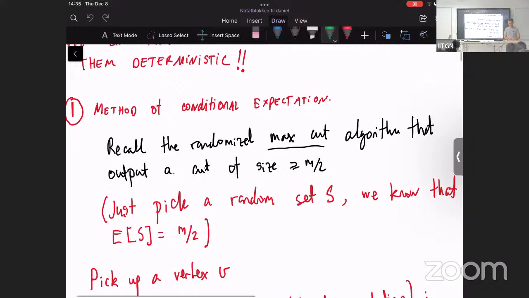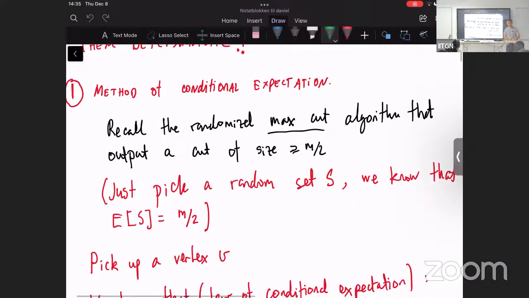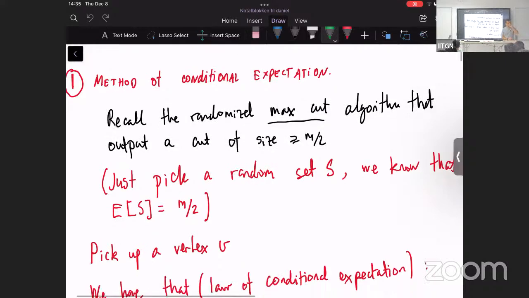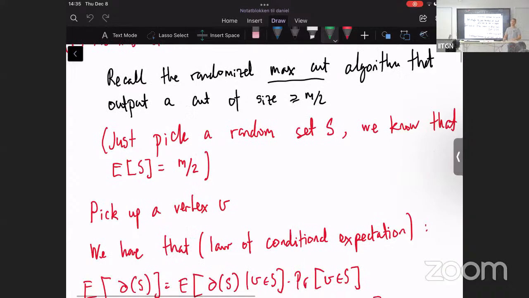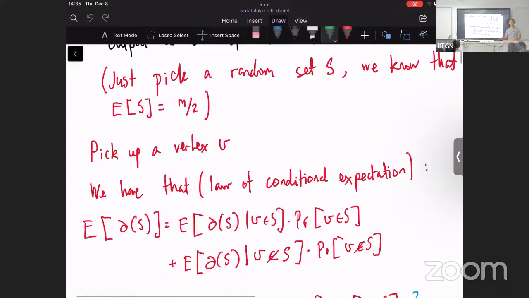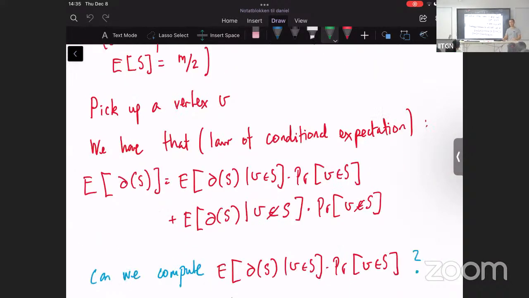Now, here's an interesting thing. We could pick our favorite vertex v, and we could ask, if we put v in S, or if we put v not in S, what would be the expectation of the cut if we assume that v is in S?